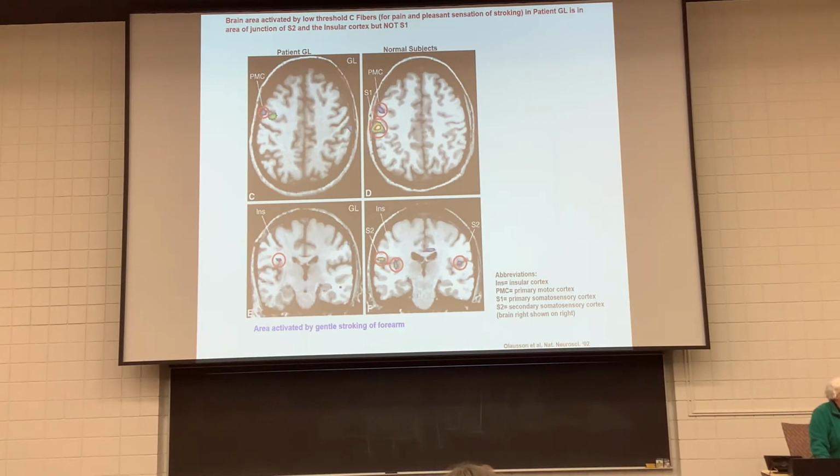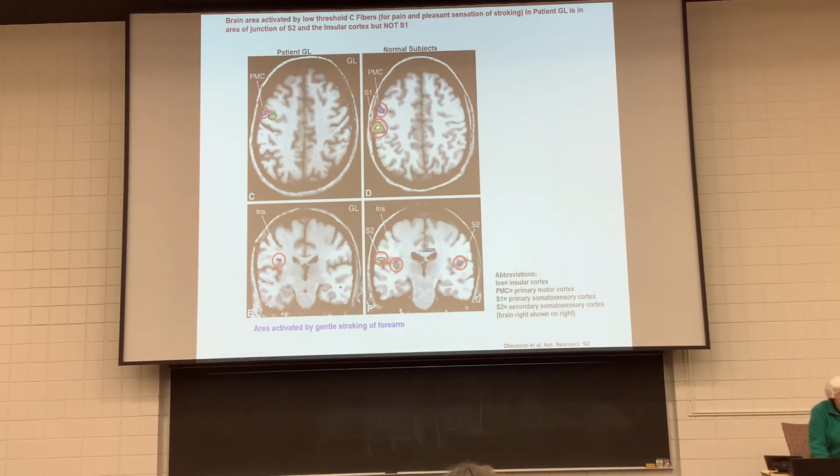But notice that area is not lit up here in patient GL. Let's look down here. This is the area of the secondary sensory cortex. Here's the insula, and that area does show some activation.